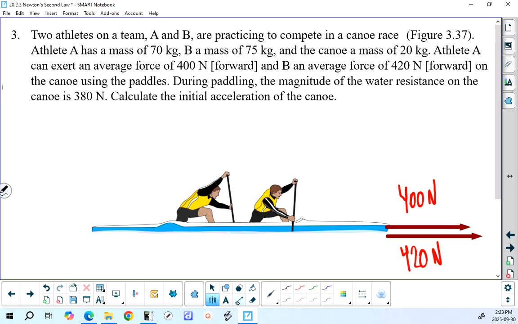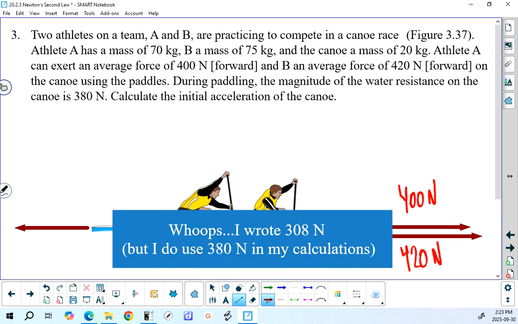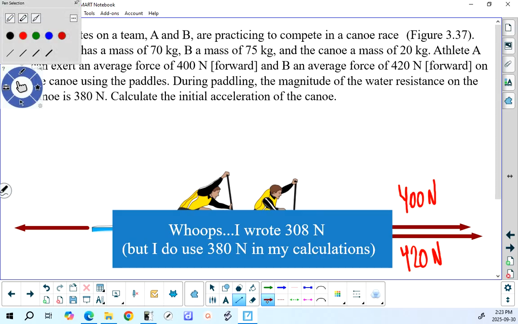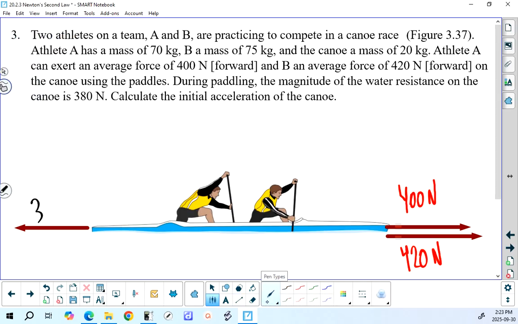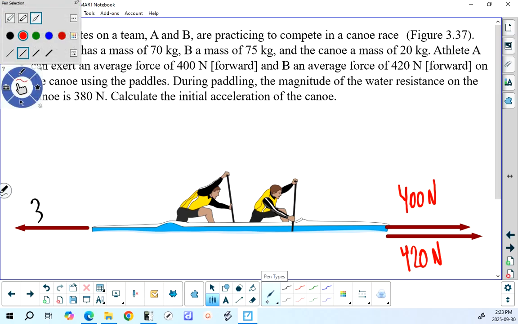And it is 380 newtons, so I'm going to draw that force in. And what we've drawn is a free body diagram, which takes us back to lesson 1. So this is 380 newtons.